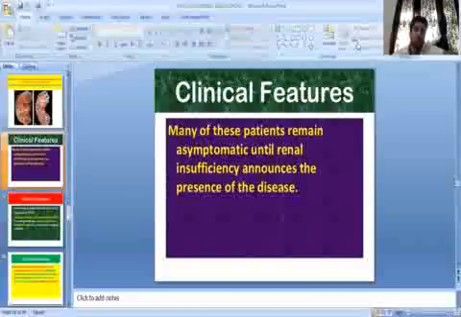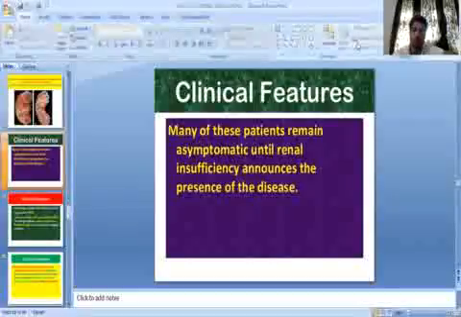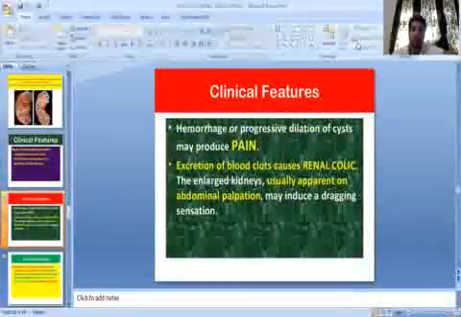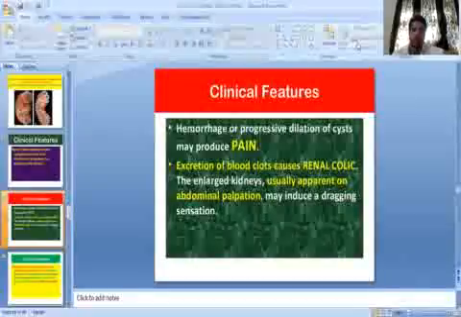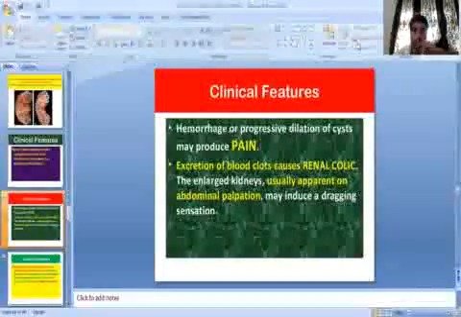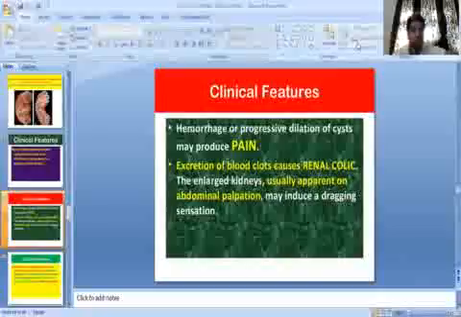Many of these patients remain asymptomatic until renal insufficiency announces the presence of the disease. Hemorrhage or progressive dilation of cysts may produce pain. Excretion of blood clots causes renal colic.